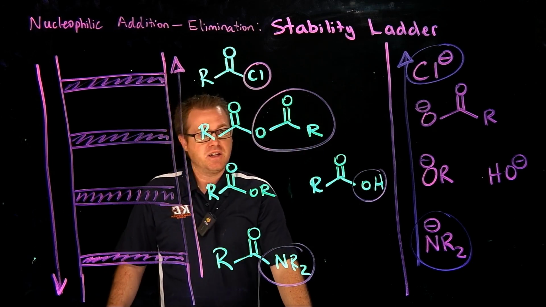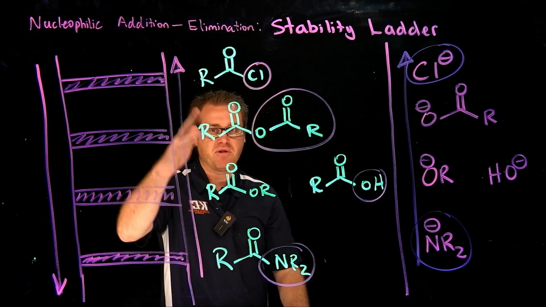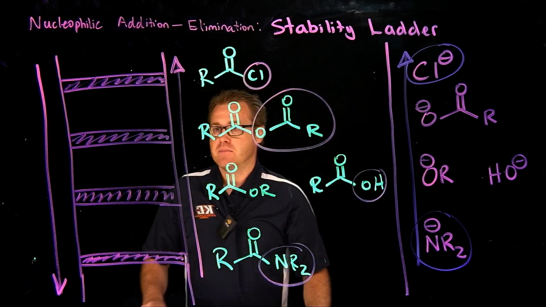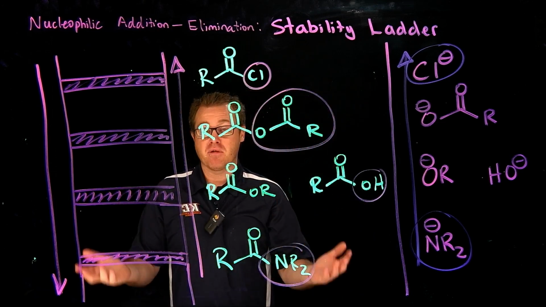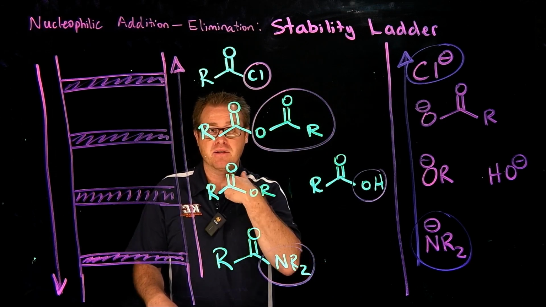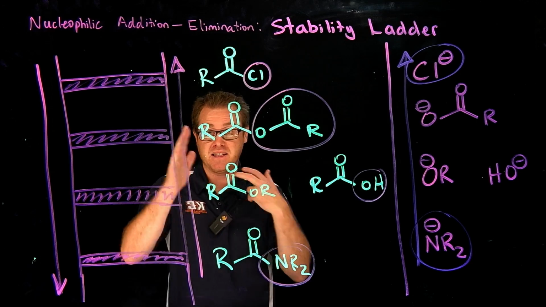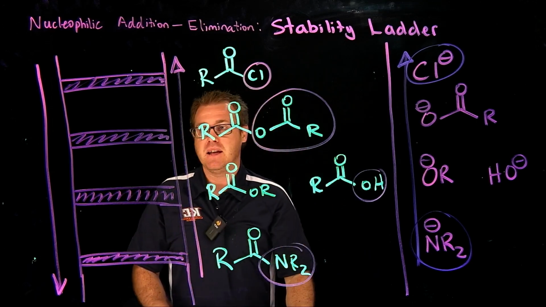So that's an analogy to help you remember which transformations can and cannot occur. But I say that in general terms because you will encounter some situations where there's an exception. But generally speaking, this is the idea that you want to have in your head.